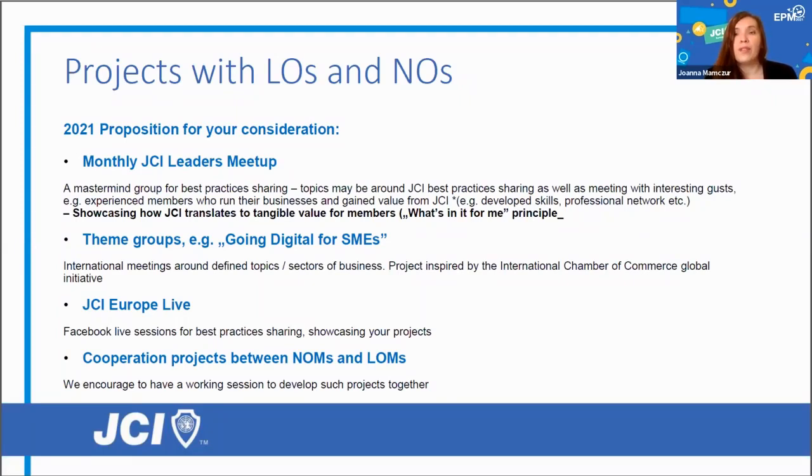These are the mastermind formats that can be the place to exchange experiences, share challenges, and provide solutions amongst the JCI leaders, and also to invite once in a while a person who can share the success story of building a business, building a network, or having a personal growth experience thanks to JCI. The goal of this initiative is to provide the actual tools of how you can solve your problems, but also the inspiration.